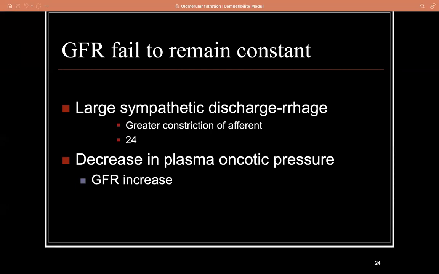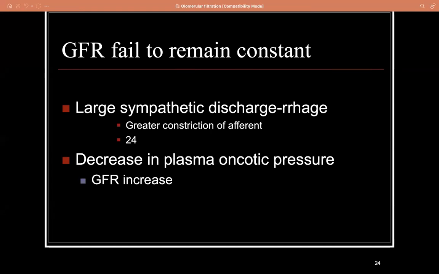And then, of course, there's something we call decrease in plasma oncotic pressure. Remember, plasma oncotic pressure within the afferent vessel is anti-filtration. That's why you have that balance. Hydrostatic pressure is for filtration. The oncotic pressure within the vessel is anti-filtration. So if you decrease the oncotic pressure, we had said earlier oncotic pressure is of a certain amount, 25.